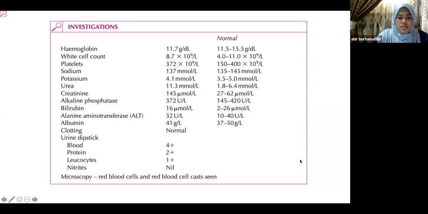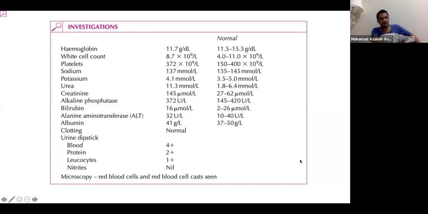The presence of bacteria in the urine. So it should be confirmed with urine C&S. Okay, urine C&S takes some time to come back, about 2 to 3 days. So how do you make out from the urine dipstick whether this is UTI or not UTI?